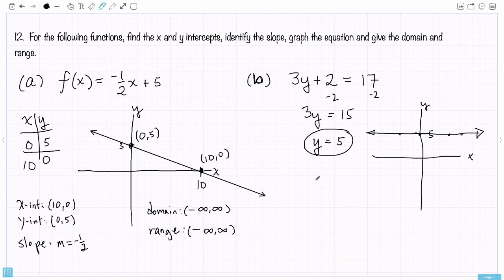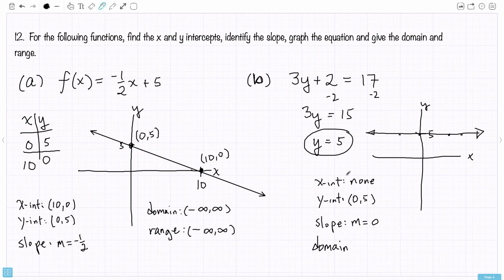So x-intercept, in this case, none, because it doesn't cross the x-axis. Y-intercept, you could say y equal 5, or you could write it as a point. Let's say 0, 5 is the actual point. The slope of a horizontal line is 0. That's always 0 slope for a horizontal line. By the way, vertical line, undefined slope.